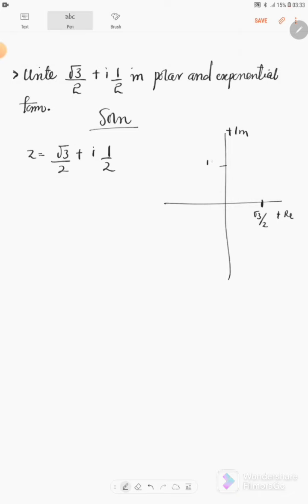Okay, addition and subtraction of complex numbers. z1 plus z2 equals a plus ib plus c plus id.